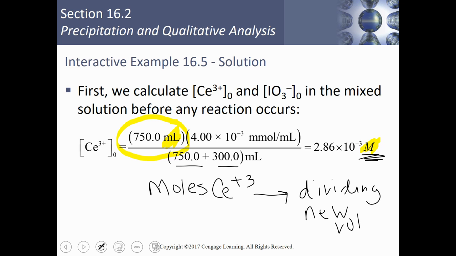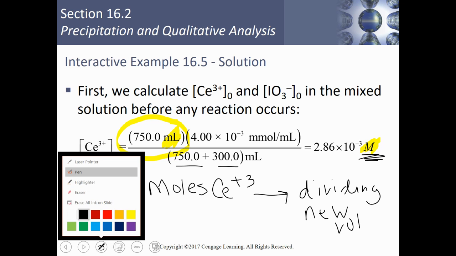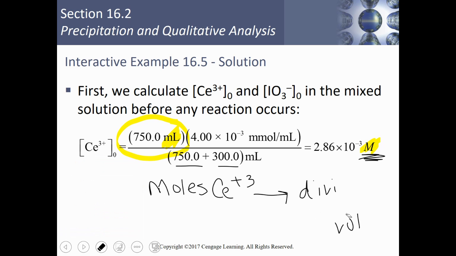This volume on the bottom is that new solution. So you're mixing two solutions, and your moles of cesium are being dispersed amongst the new volume. So all they're doing here is taking milliliters, multiplying by the initial concentration, dividing by that new volume after you combine the two solutions, and then you get a new molarity. So that's your concentration of cesium plus 3 in the combined beaker.